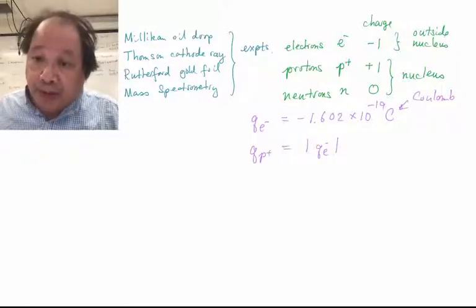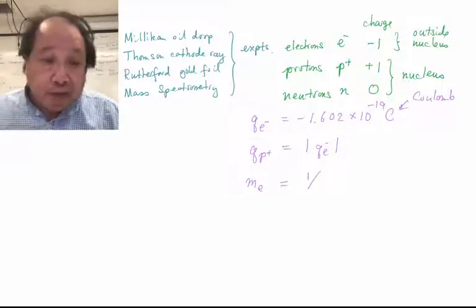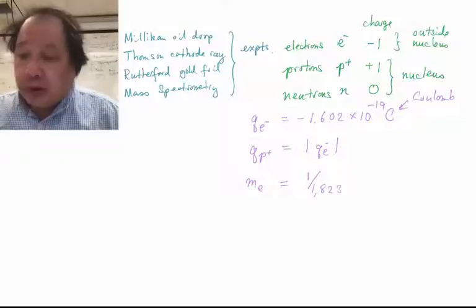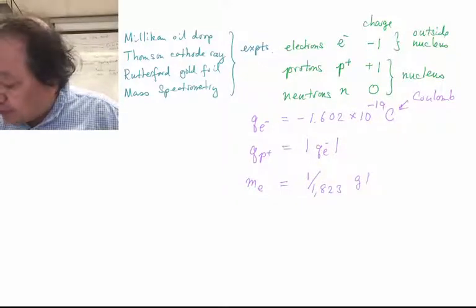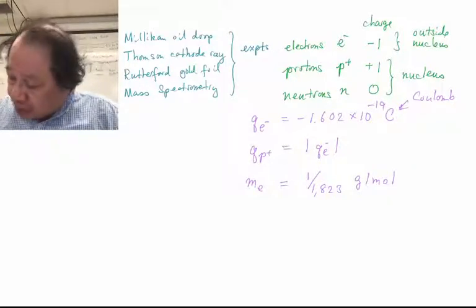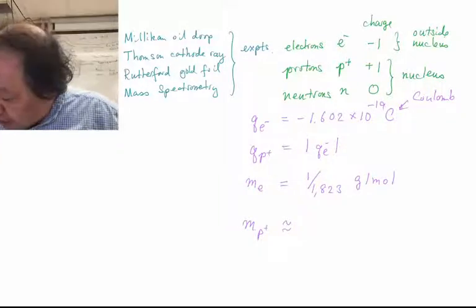We also learned about the masses. The mass of the electron is equal to 1, and I'll give you more significant figures, over 1,823 grams per mole. And the mass of the proton and the mass of the neutron are around 1 gram per mole.